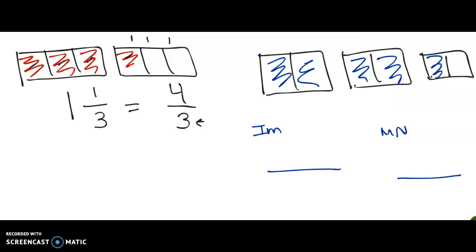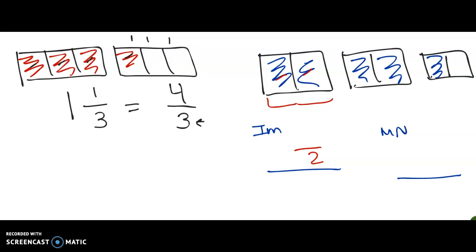So we know that there are how many pieces in one of these shapes? Well, there's 1, 2. So I know my denominator is always going to be 2 because there are 2 pieces in one of these shapes. With an improper fraction, we know that we're going to count all of our shaded pieces.